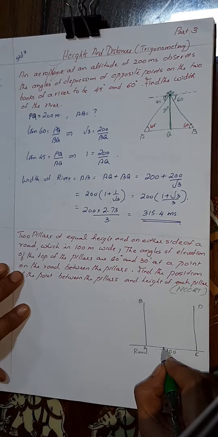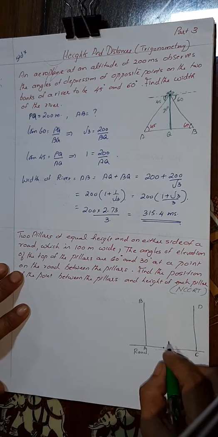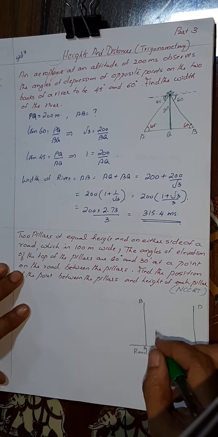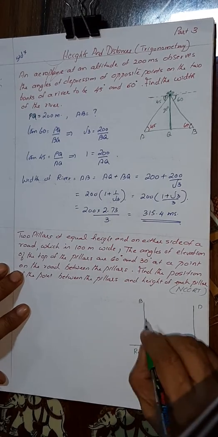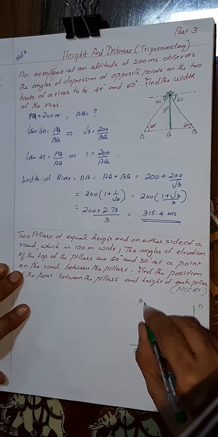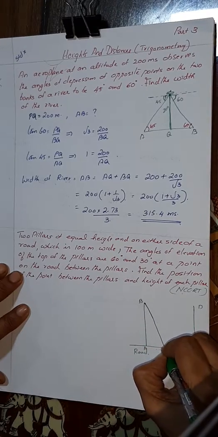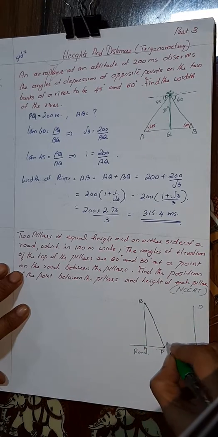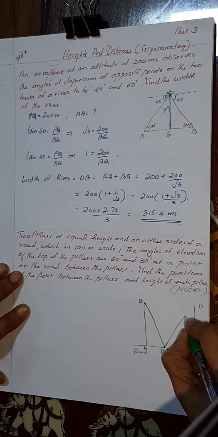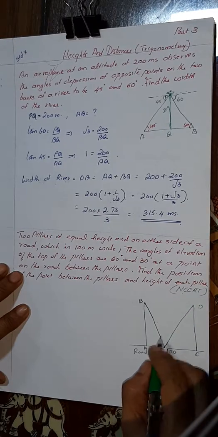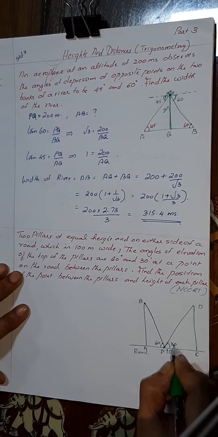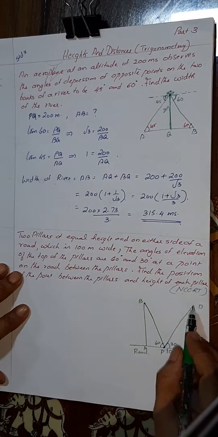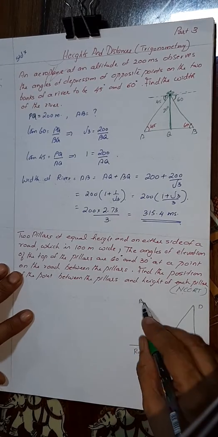So let that point be P. So from this point the two pillars are being viewed.